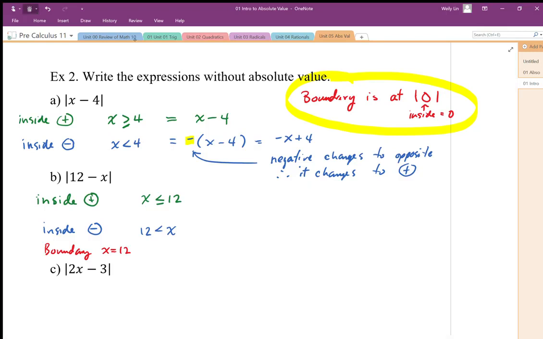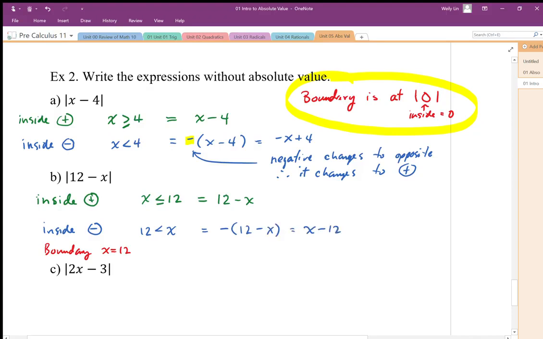Once we've established the domain, I know that for the positive it's just going to stay the same, and if it's negative, we have to flip it. I'm just going to rewrite it as x minus 12.